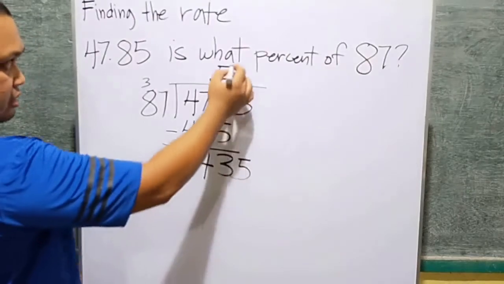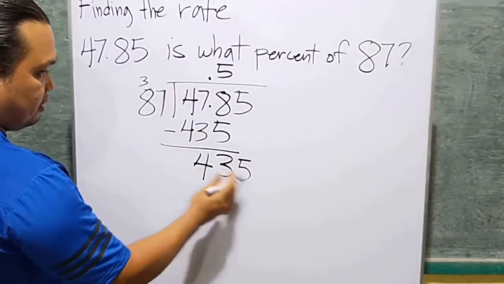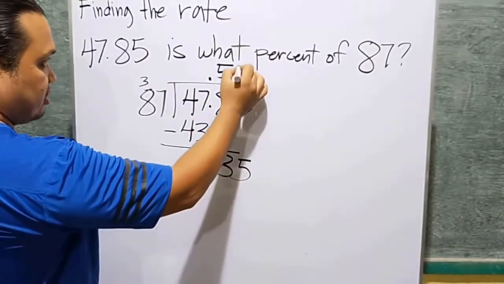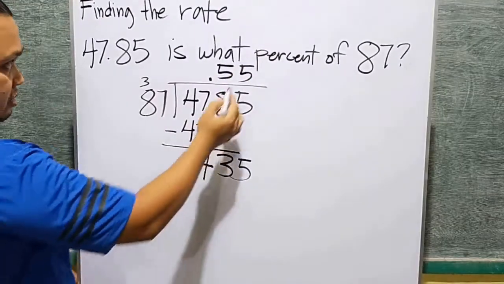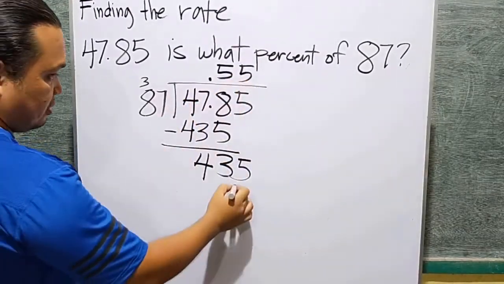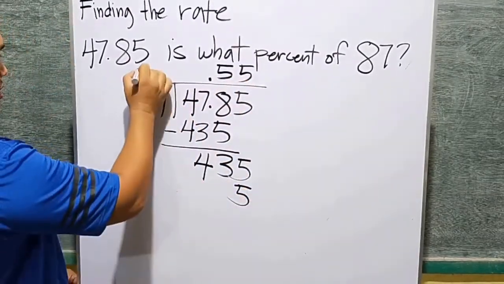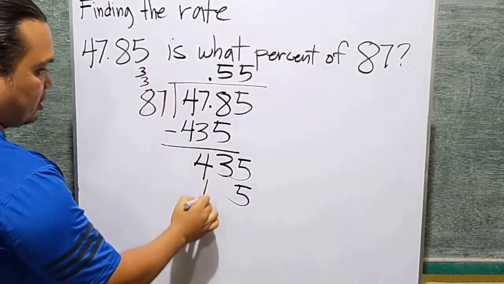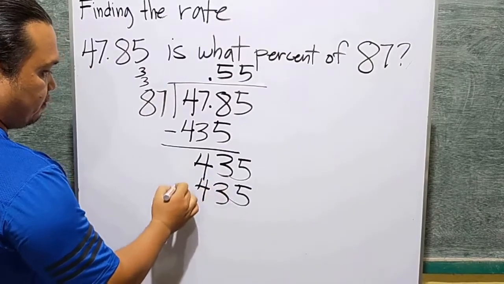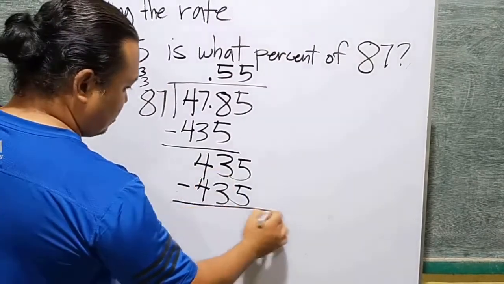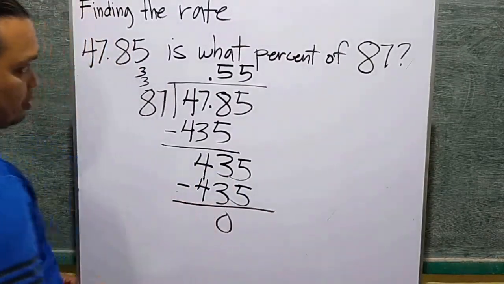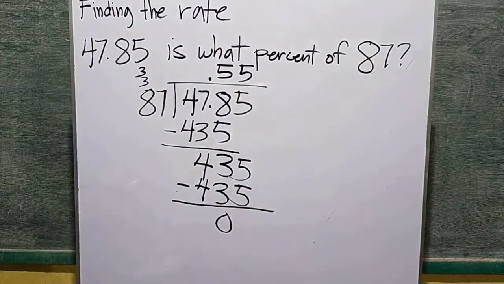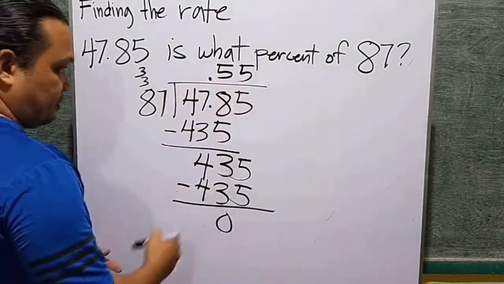So we have 435. Let's divide. 435 divided by 87 is 5. Same, 5 times 7, 35, 5 carry 3. Now 5 times 8 is 40 plus 3 is 43. So we have 435 minus 435, that's 0. So we have 0.55.